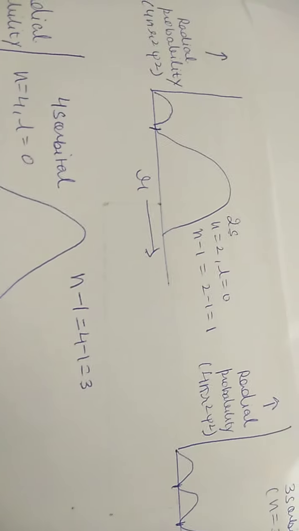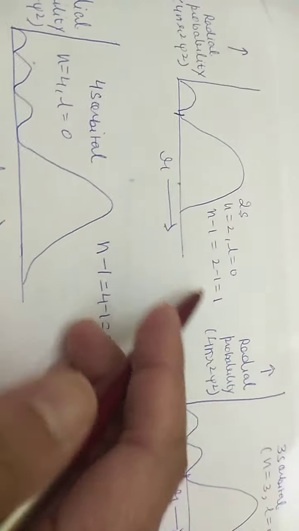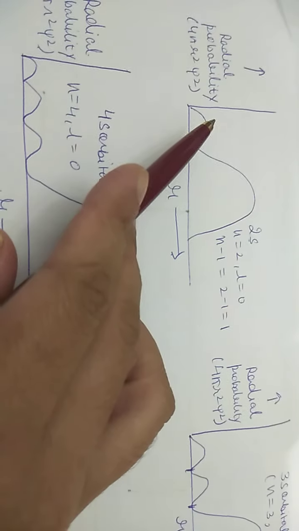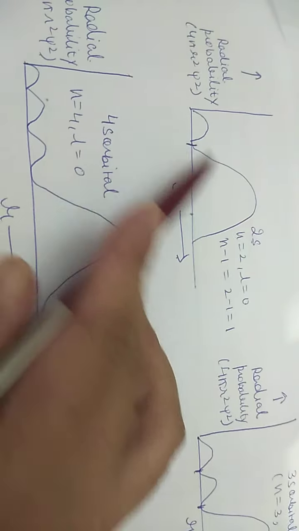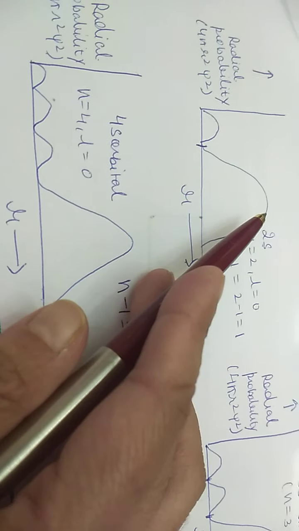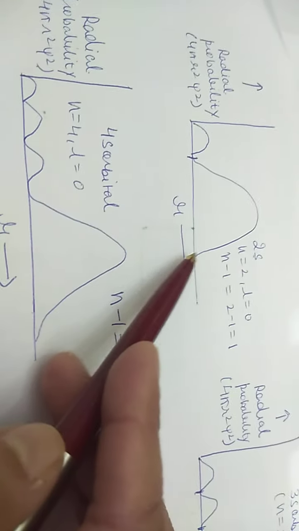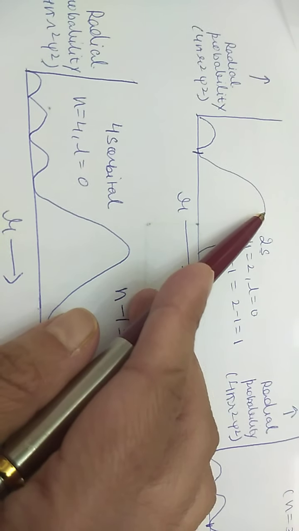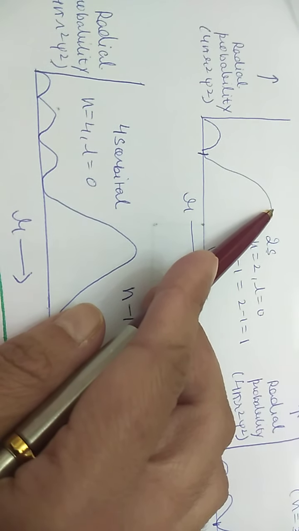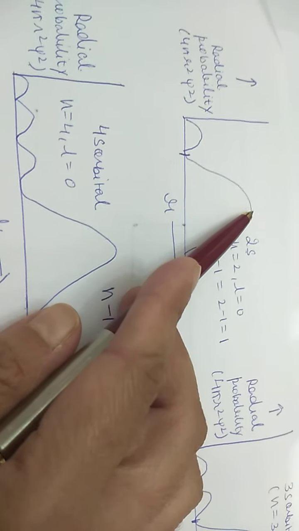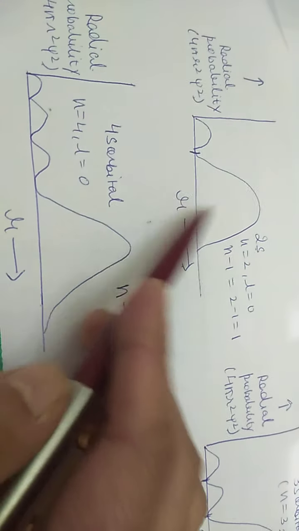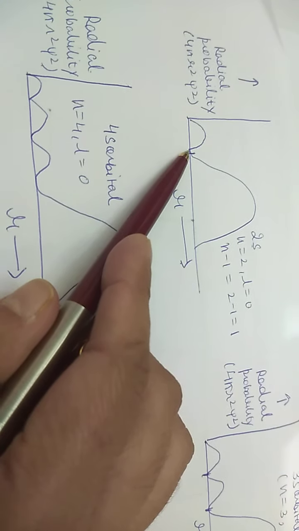This was for 1s. For 2s you can see there is one node, and it has two regions of high probability, where the probability of finding the electron is maximum, especially the second maxima. This part depicts that the probability of finding the electron is maximum at this distance, and this region depicts the node.